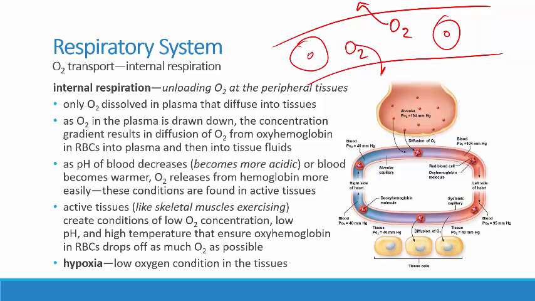Now, that allows the O2 that's dissolved in the cytoplasm of the red blood cells to diffuse out into the blood, because the concentration gradient now is low out here and higher inside the cytoplasm. And then that oxygen that just diffused out will then diffuse on out into the peripheral tissues.